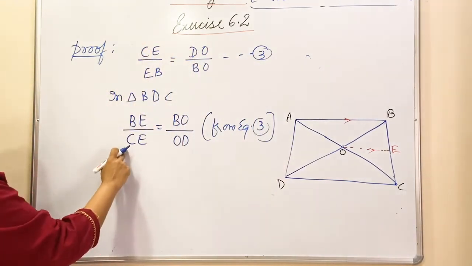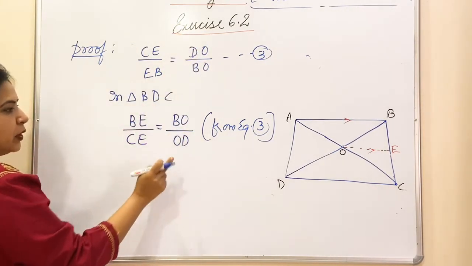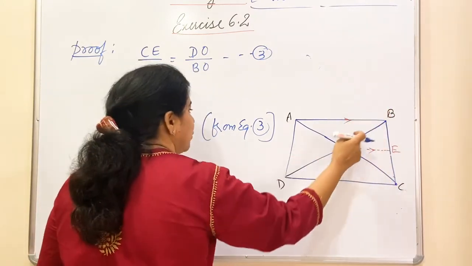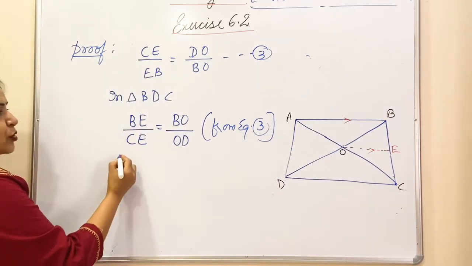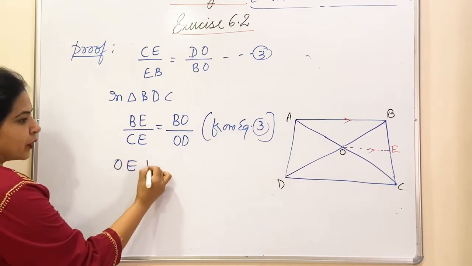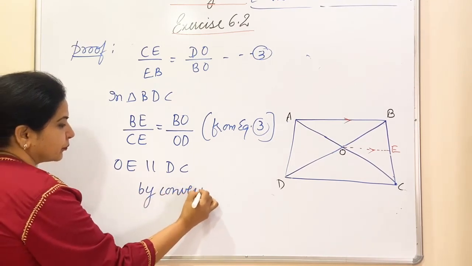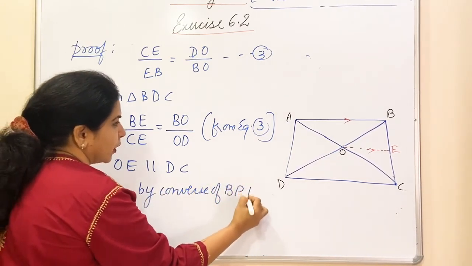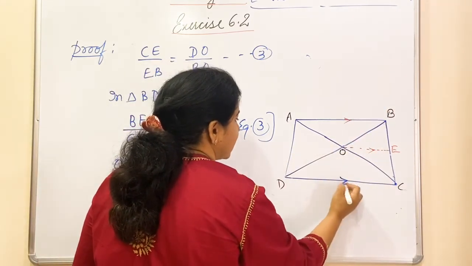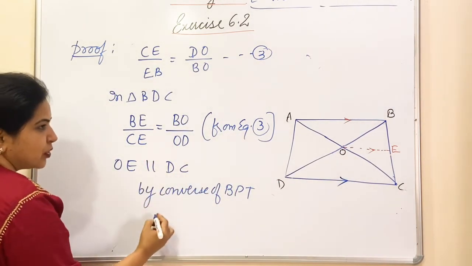By taking the reciprocal, EB upon CE is equal to BO upon DO. So here BE upon EC is equal to BO upon OD. So therefore the line OE is parallel to DC by converse of BPT. Okay, since the ratios are equal, the third line is parallel to this line. So by converse of BPT, OE is parallel to DC.